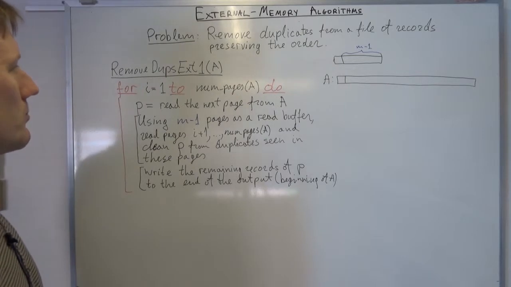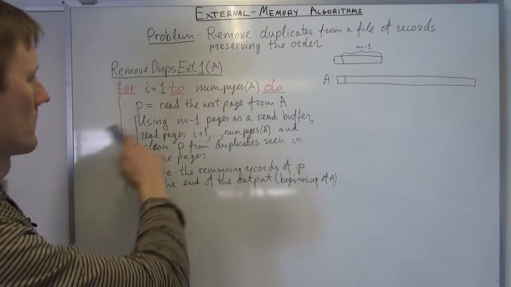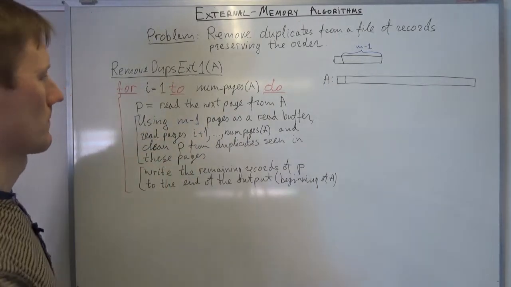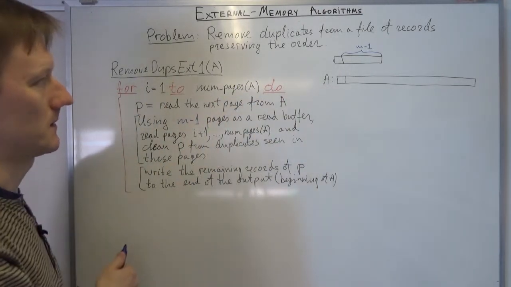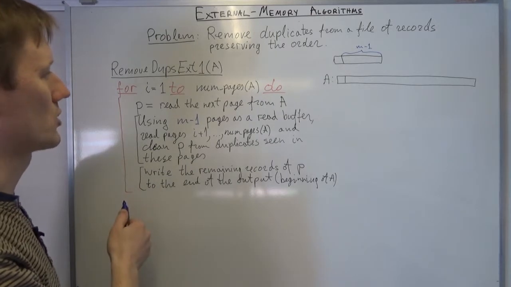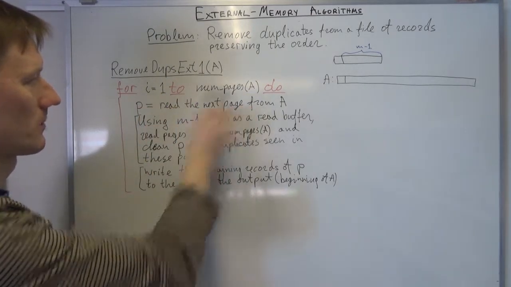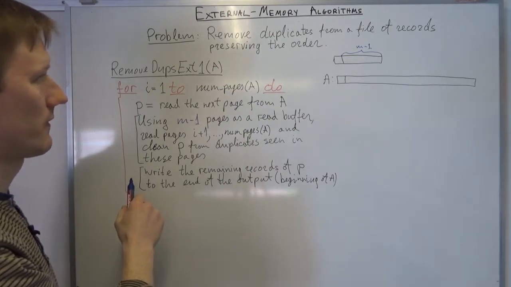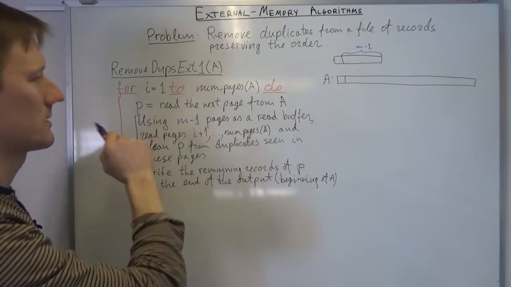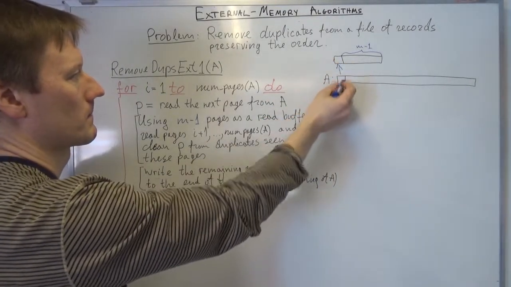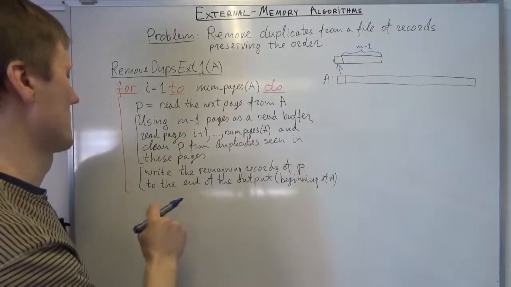So the idea is simple. You read through the input file one page at a time. So while i is from 1 to the number of pages in the file A, you read the next page from A into memory, one page.